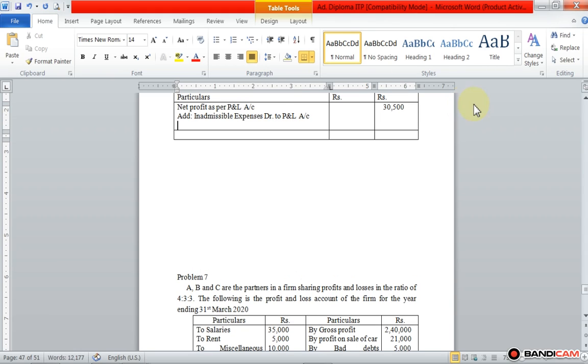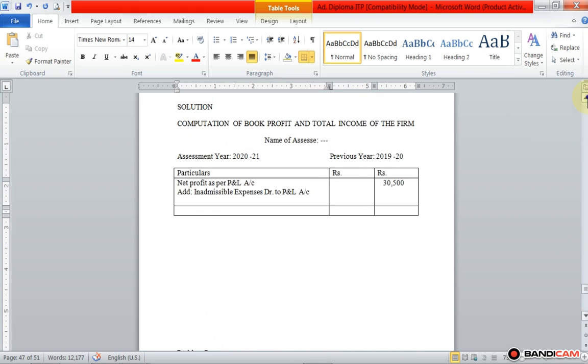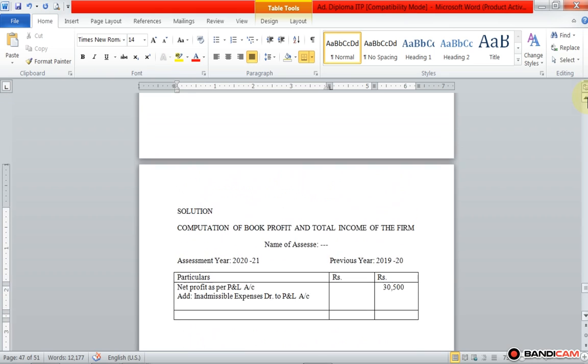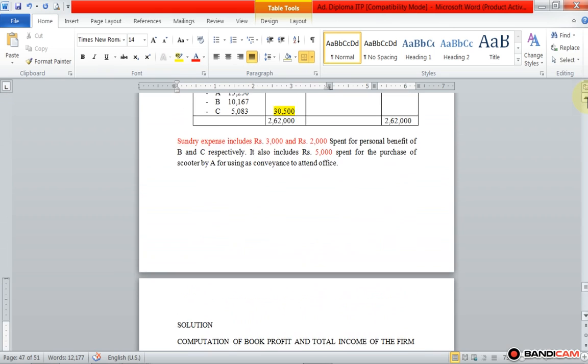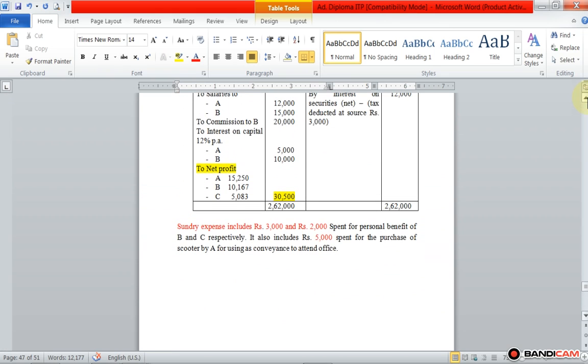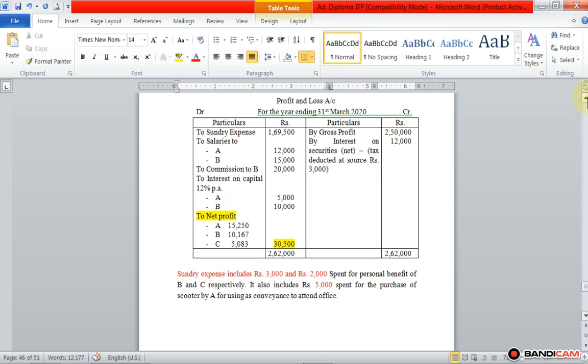Here in the profit and loss account, interest on capital is paid up to 12%. It means it is exempted, it is not taxable. But if it is more than 12%, then the excess interest on capital is taxable. Here interest on capital is not taxable because it is paid up to 12%.